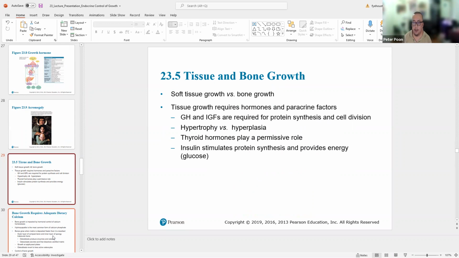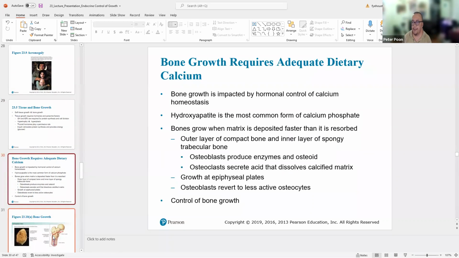So, bone growth. Bone growth is impacted by hormonal control of calcium.